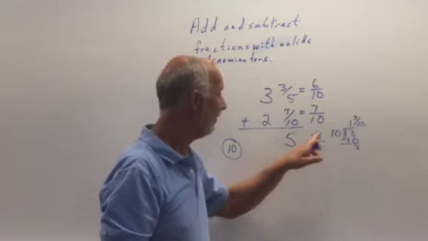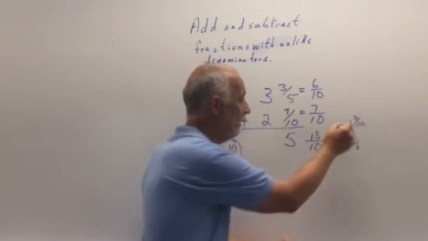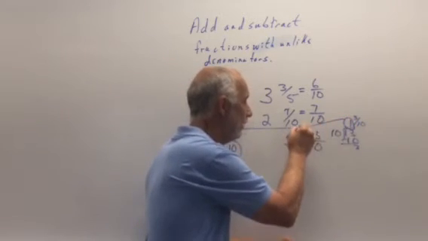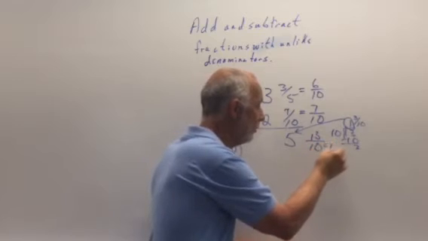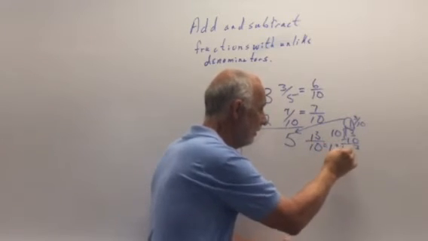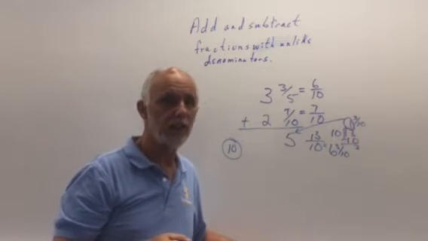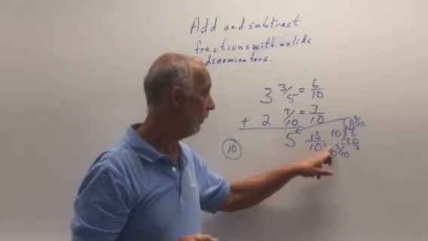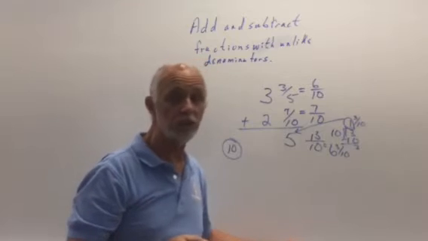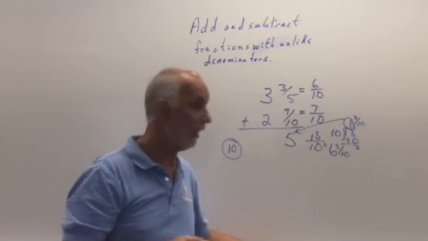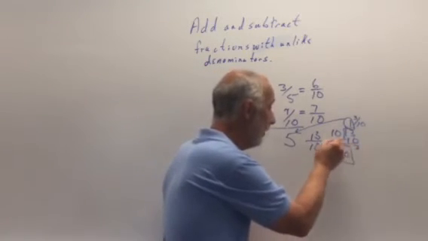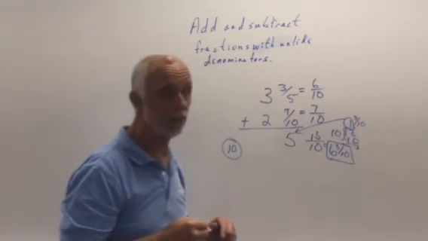You have to add the 1 to the 5, and it really equals 6 3/10. And the last thing you have to do is make sure it's simplified. In this case, the only thing that goes into 3 evenly is 3, and 3 doesn't go into 10, so this is simplified, and it is my final answer.